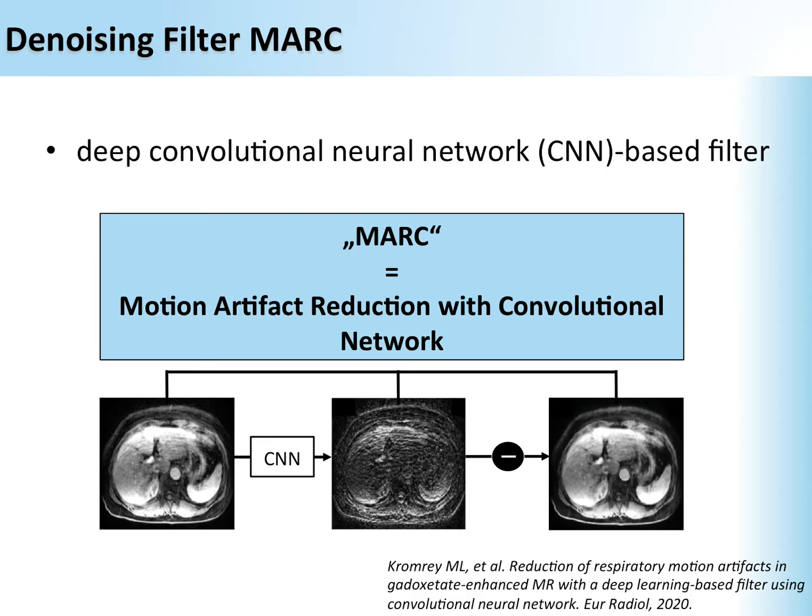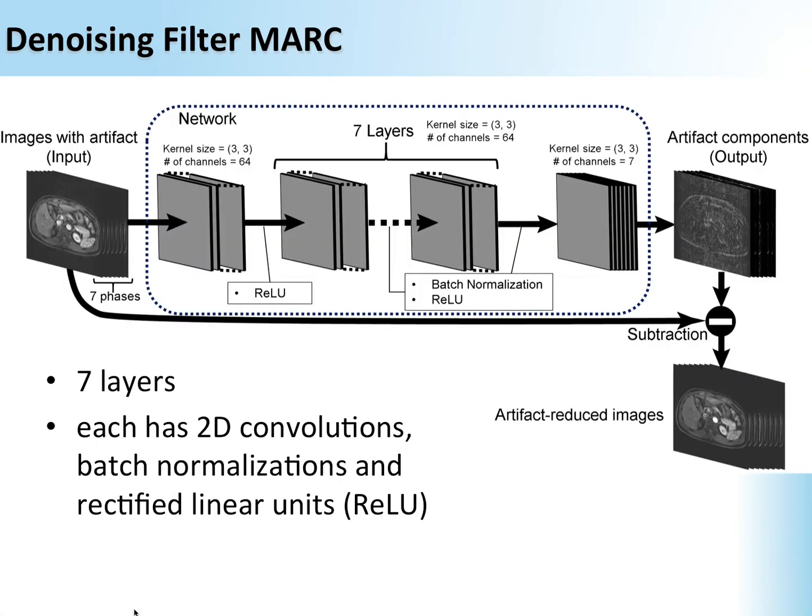What we did now was that we developed a multi-channel convolutional neural network, and we called it MARC, so Motion Artifact Reduction for Convolutional Neural Network. It was quite a catchy term, all right? So the network here looks like that.